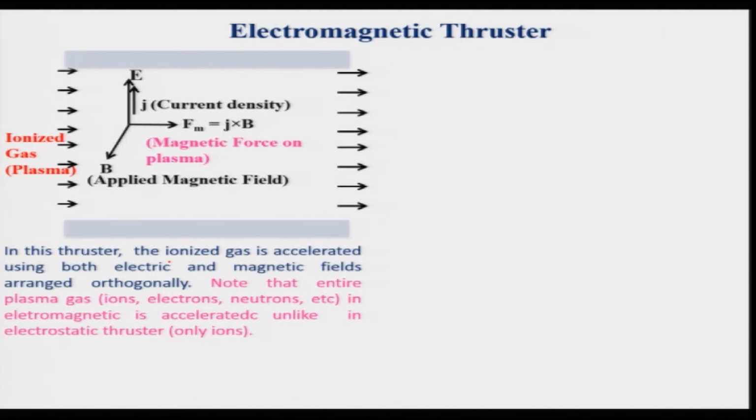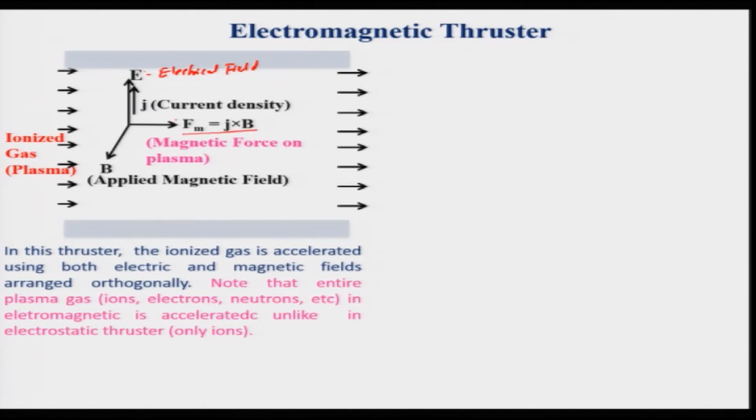In this case, the ionized gas is accelerated using both the electrical field, shown here as E, the EMF, and the applied magnetic field B, which are arranged orthogonally, that means perpendicular to each other. And this plasma is accelerated by the application of magnetic and electrical fields along the axial direction, as is shown here.